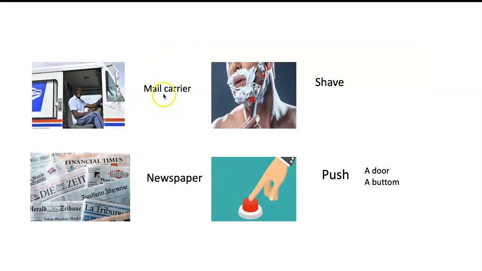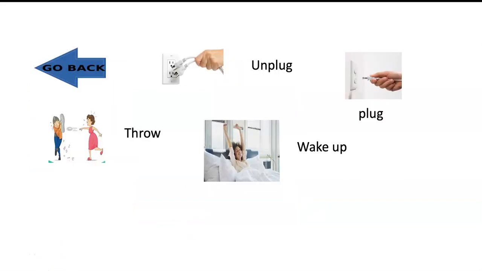Also you have mail carrier, so you can say Ole is a mail carrier. Humberto shaves every morning. Isabel reads the newspaper. Anita pushed a button in the elevator. I go back to the school.